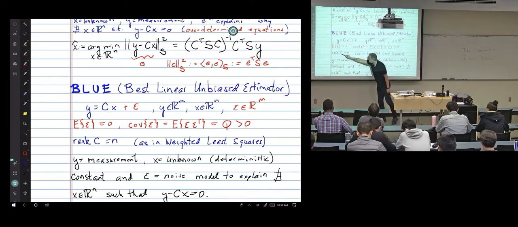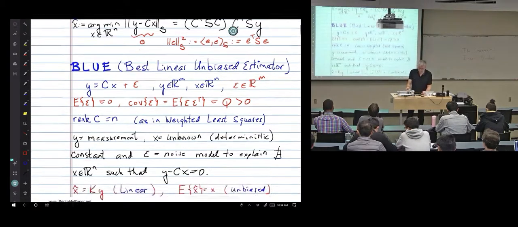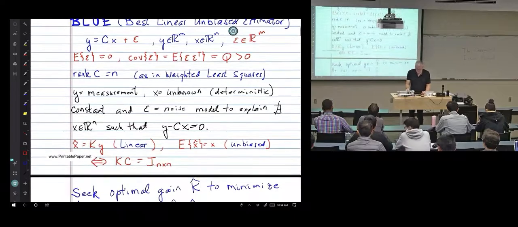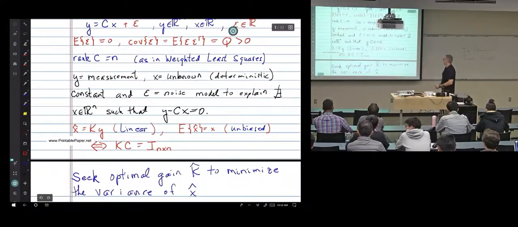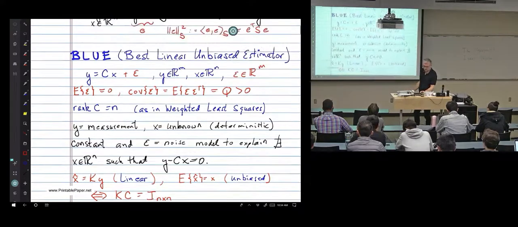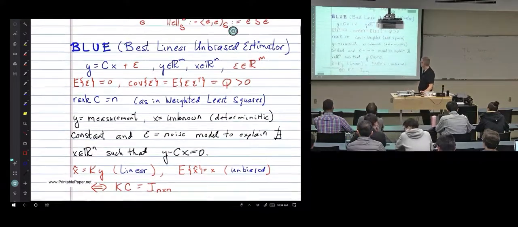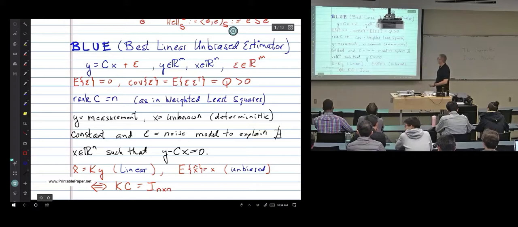And then we had the rank of C equal to n, which is the number of columns, so it has full column rank, just as we did in weighted least squares. Then the problem was if we just tried to find a linear solution, in general, it would not have the property that the mean of our estimate would be equal to x.